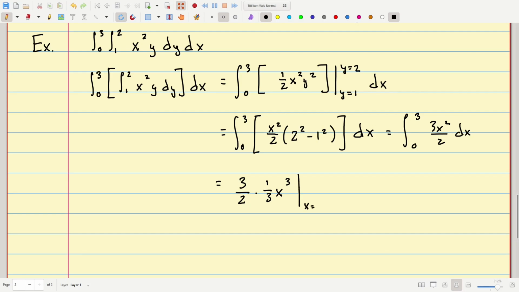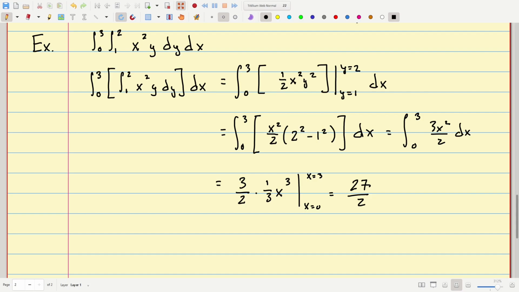We evaluate it. Plug in 3, we get 27 there. And then plug in 0 and get nothing, so this is going to be 27 halves. Make sense? Seems okay?